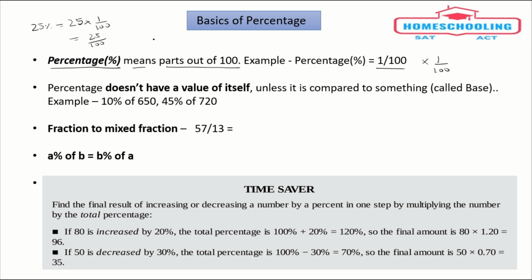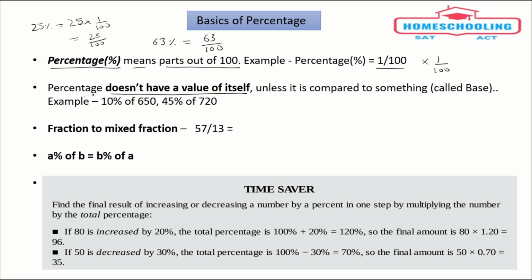Now what are you going to write for 63%? 63% would be 63 parts out of 100. Now the next thing about percentage is that percentage does not have a value of itself. If you say 25%, 25% of what?